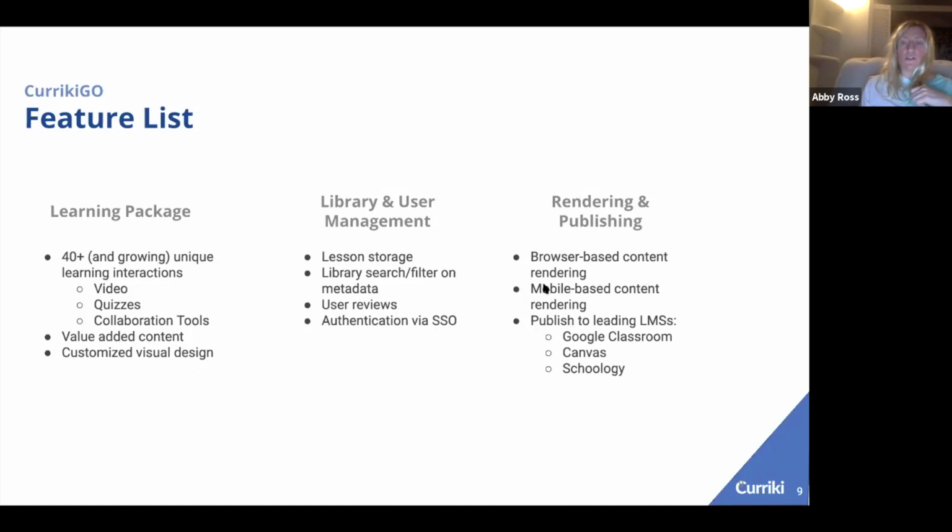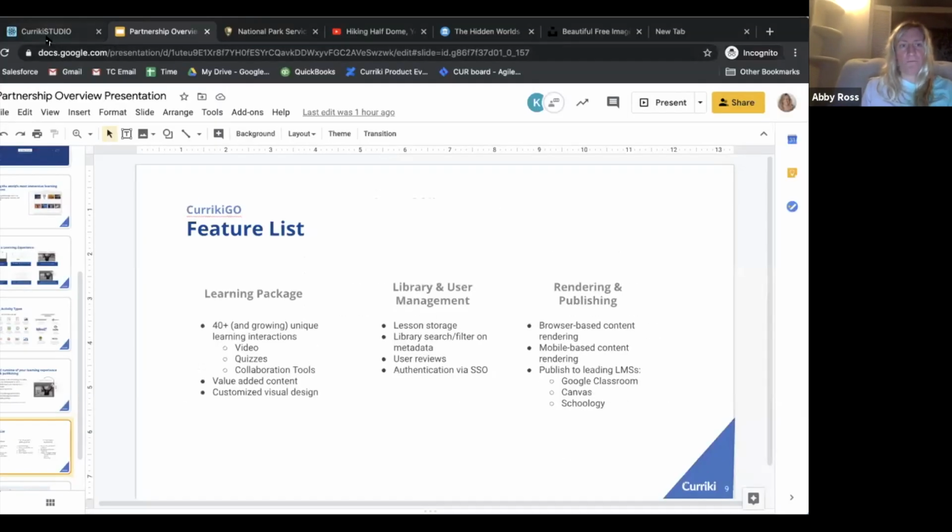Lastly is the ability to render and publish that: browser-based content rendering, mobile-based content rendering, how the learners engage with the content that you've added in the studio, and how we publish that directly to LMS systems. So with that, I'm going to hop in and give you a demo.